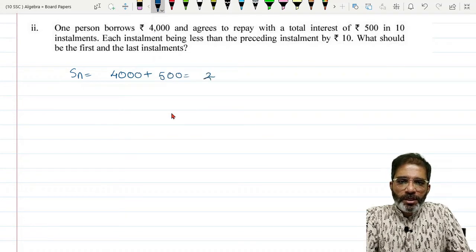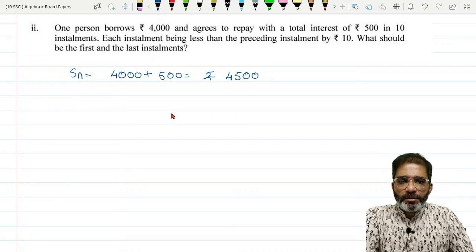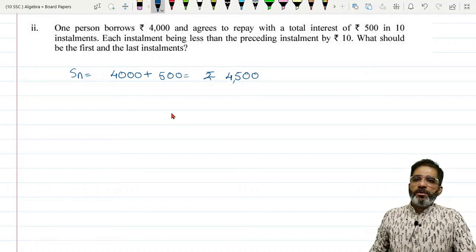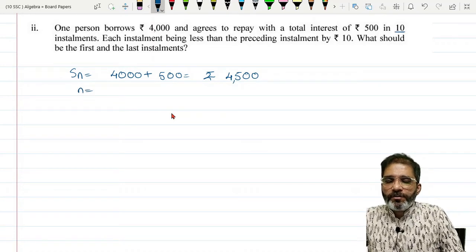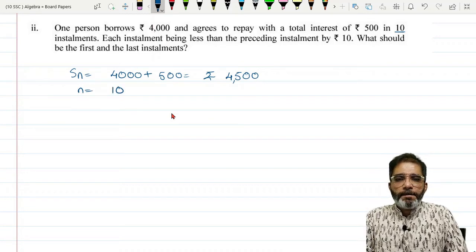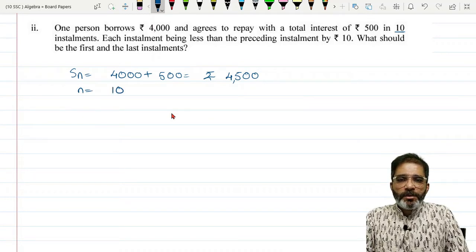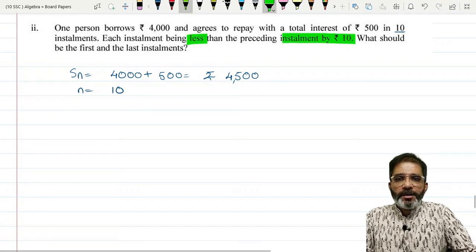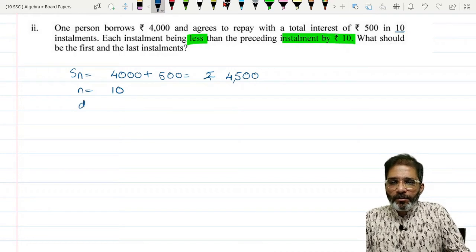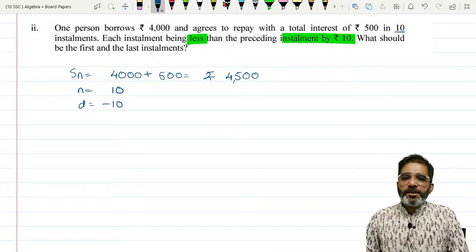So in total he has to pay 4,500. This is the total amount, in 10 installments. So the number of terms is 10. Each installment is less than the preceding one by 10. So the value of D is minus 10.